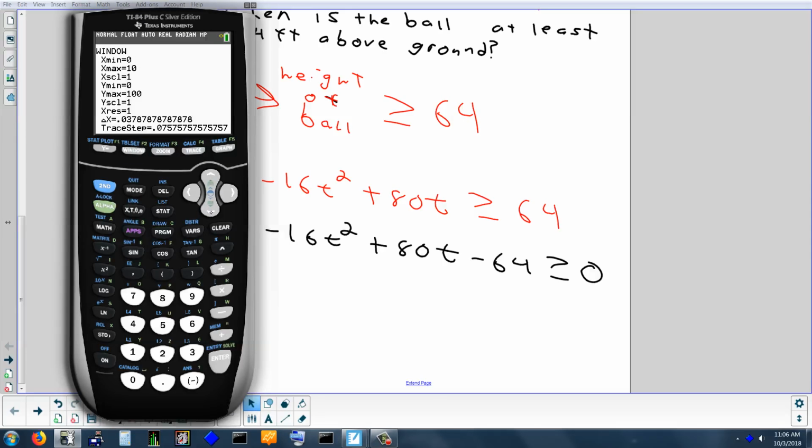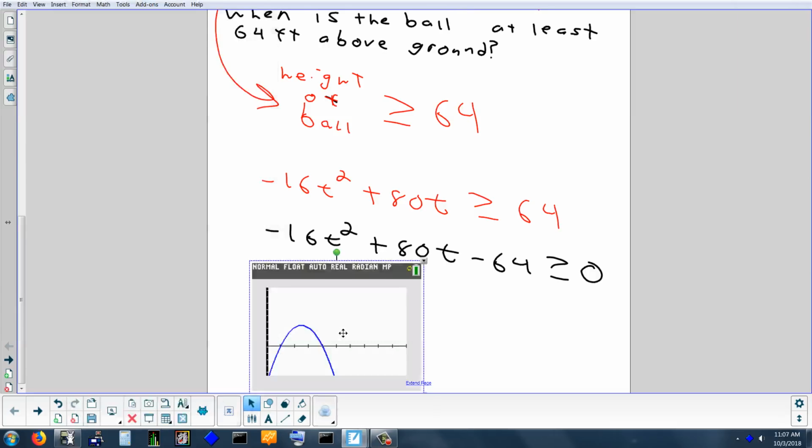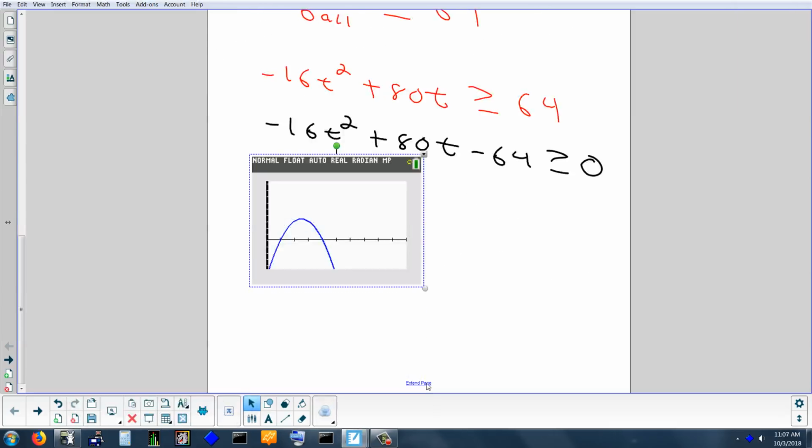It doesn't make sense to look at negatives, but for a second, I'll just show you the negative part. The parabola definitely goes negative at some point, but all we're concerned with is this section right there. That's the part that is above or equal to 0.